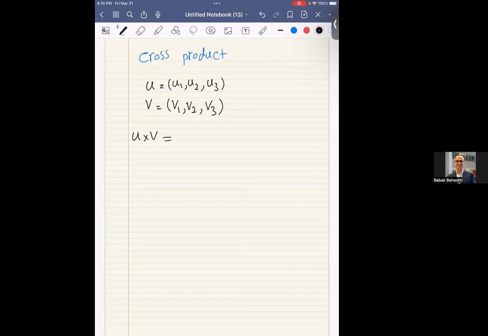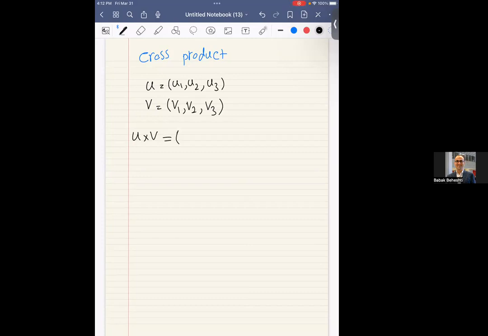It is a vector. The difference between the cross product and the dot product is that the dot product of two vectors is a number, it is not a vector. But the cross product of two vectors is again a vector, another vector, which is given by this formula. Because it's a vector, it must have three components.